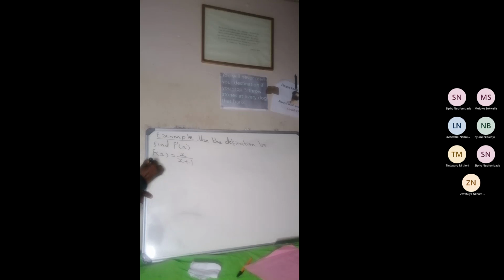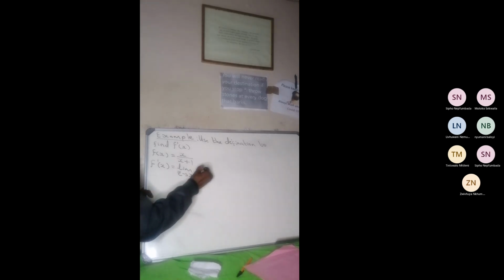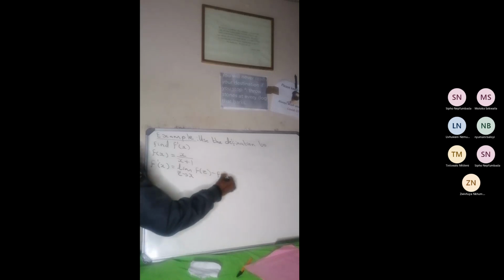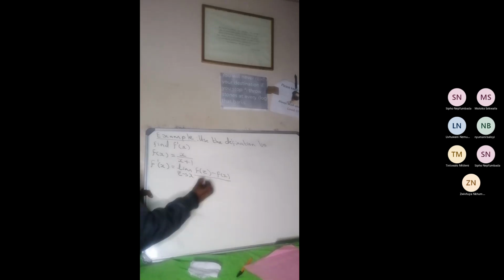We know that f prime at x equals the limit of z approaching x of f at z minus f at x divided by z minus x.